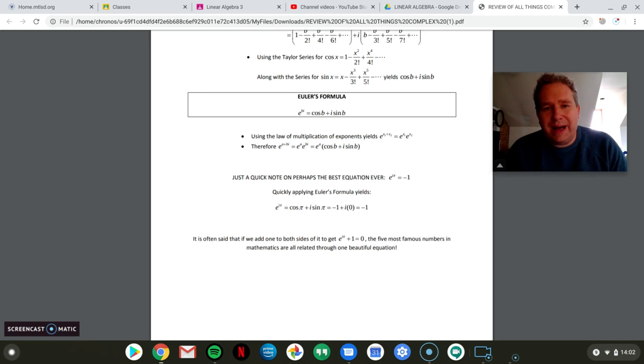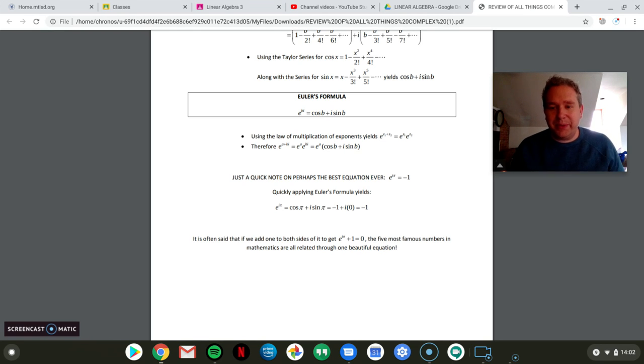So e to the i pi equals -1, and you have the 5 most useful and famous numbers in math: 0 and 1, of course, all you need for binary, and we know e and i and pi. It's great. So that's the review of complex numbers.